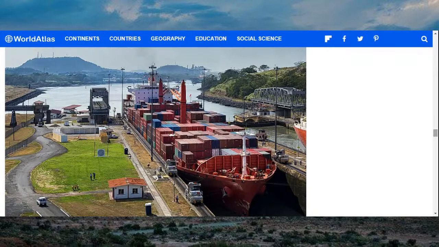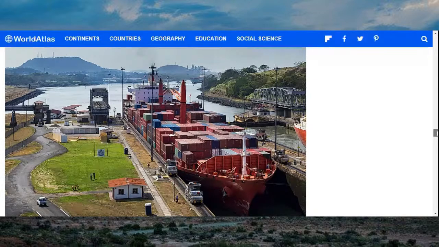A cargo ship entering the Miraflores locks in the Panama Canal, in Panama. The economies of Central America are all developing economies. Historically, Central America's smaller countries have relied on the export of bananas and coffee.